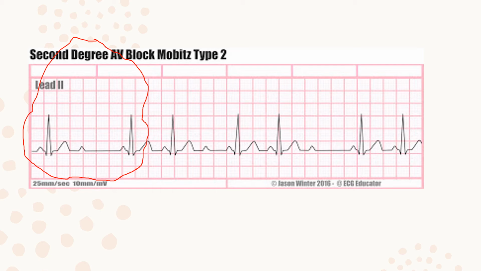Your P to Ps are equal, but there's no QRS after it. Then you have a period of one-to-one conduction, when you get over here to the middle. And then you have another period where you've got 2-to-1 conduction. So this is a varying conduction Mobitz type 2.